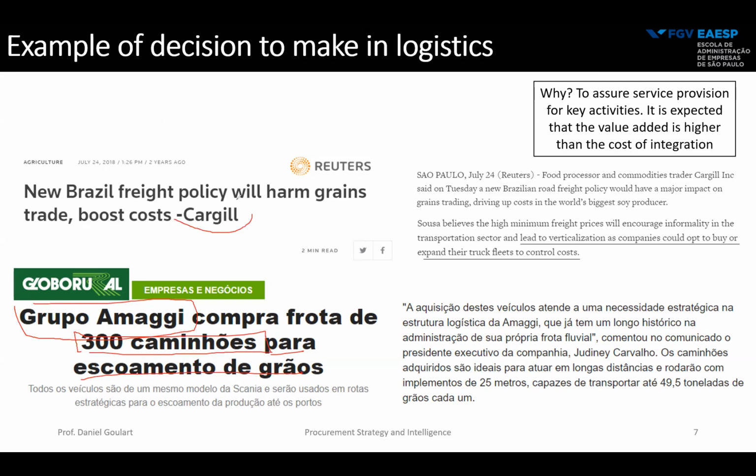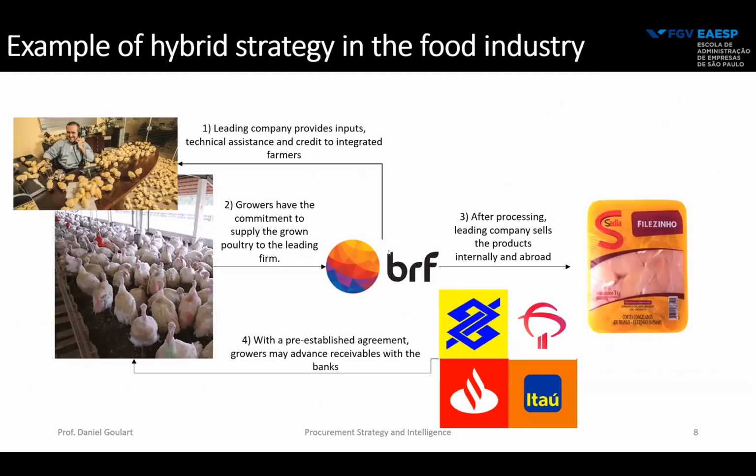And Cargill didn't buy, but they considered very seriously to buy trucks. In the Cargill example, this is very interesting because they don't produce the grain, but they consider having the transportation service in-house. Okay, another example of decision of making instead of buying, right?